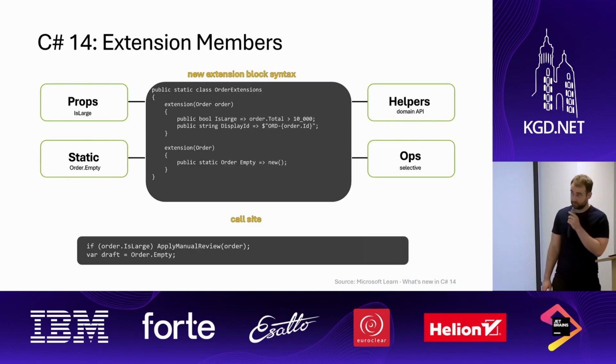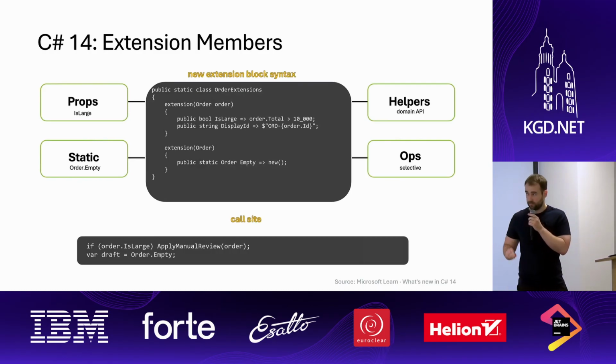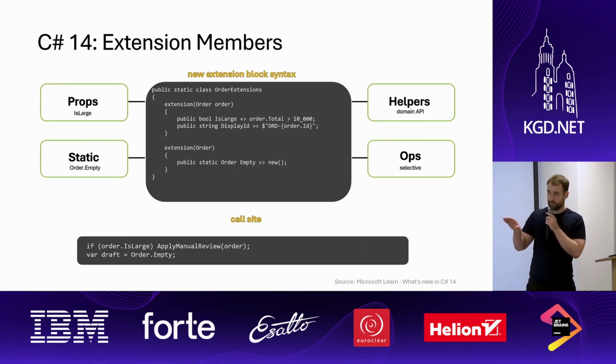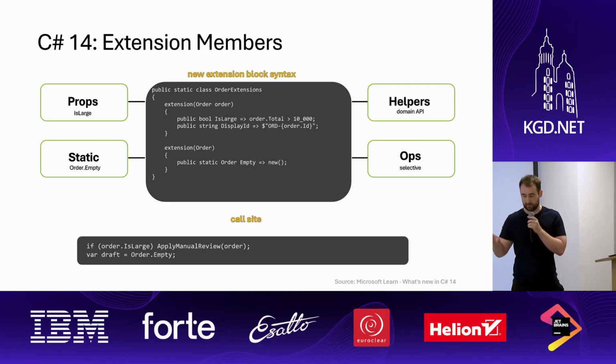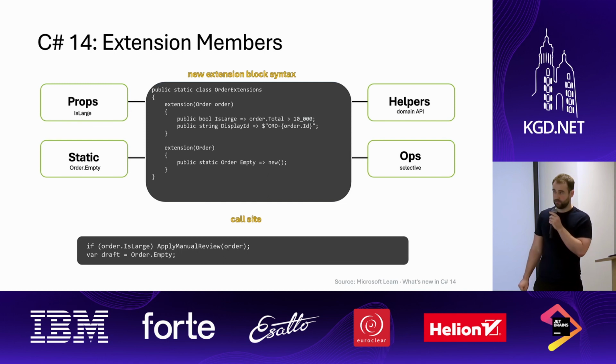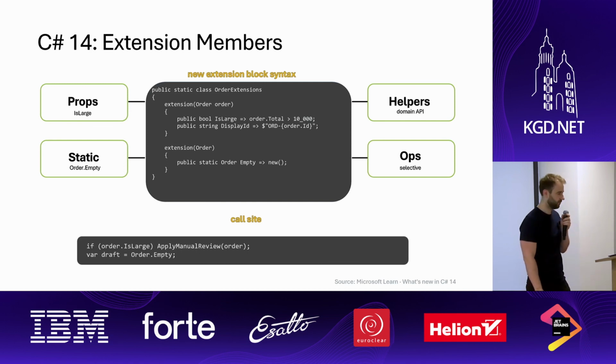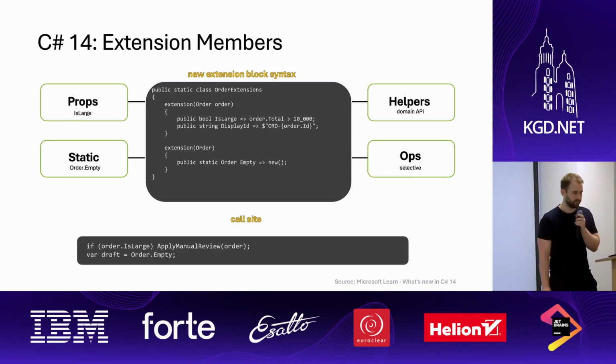A bit controversial topic. So now we have extension members. So in some static class, we can have extension and extend property for our order. Yeah, we can say IsLarge and calculate this IsLarge property right in the static class. So it's interesting.